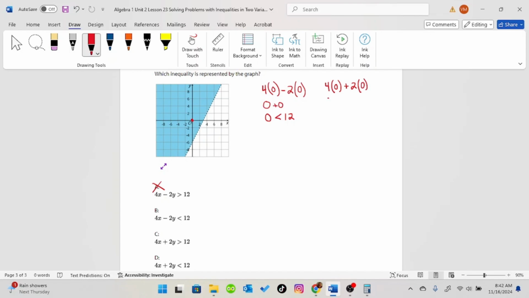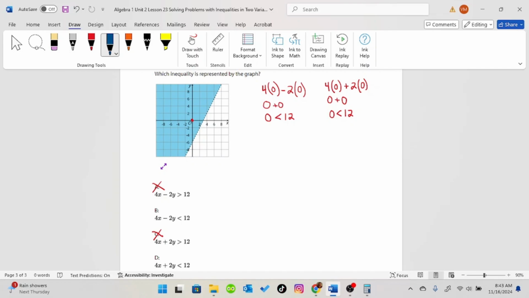Again, 4 times 0 is 0, 2 times 0 is 0, and 0 plus 0 is 0. We know that 0 is less than 12, so we can get rid of choice C. So this point helped us narrow it down to either B or D. We're going to need to pick another point in the blue shaded area and test it to see which one it is.